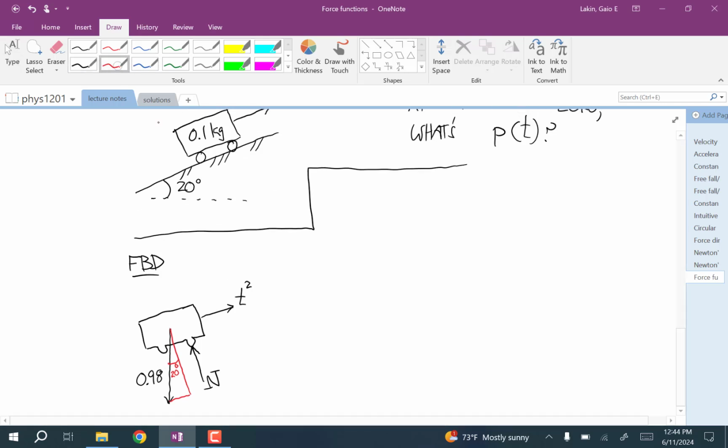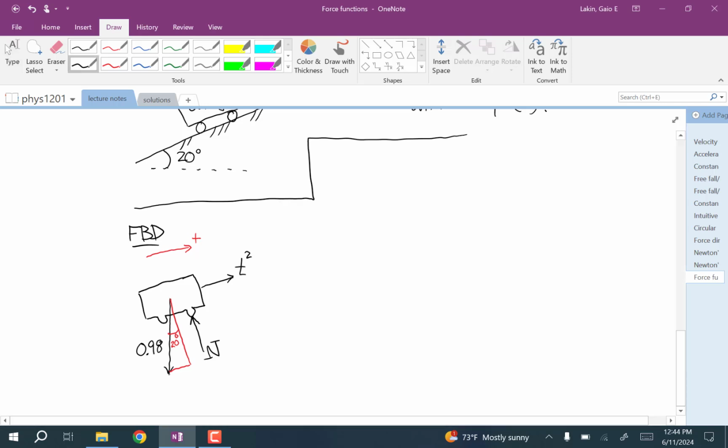Our positive direction is this way. And so the component, the leg of the right triangle that is parallel to the surface, we know that that force is going to have a negative value.